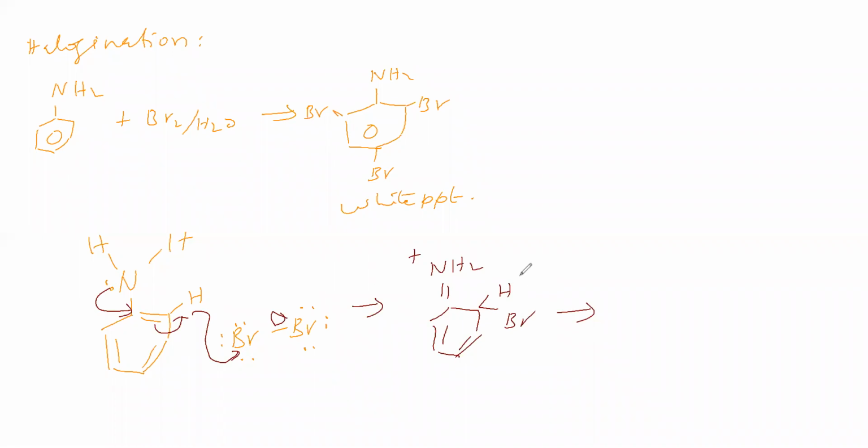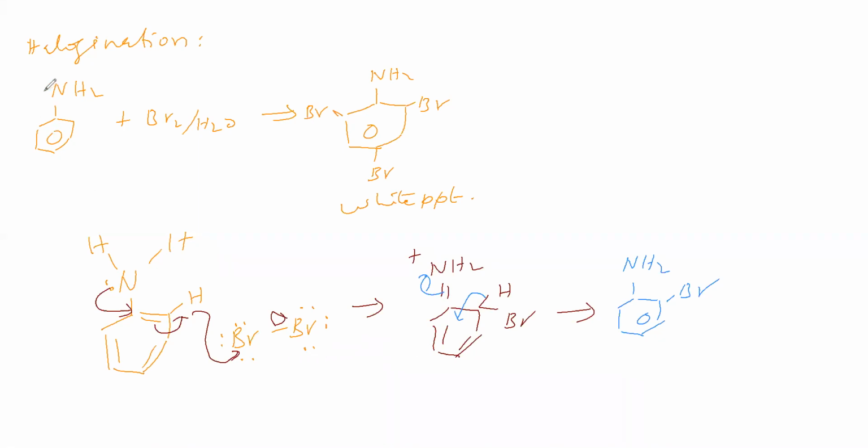Correct? So what is the next step? Now this bond is migrating here, so we will get NH2 with Br, like this. In the place of H, Br comes, therefore substitution. Nitrogen contributes a lone pair, so bromine attacks as an electrophile, therefore it is called an electrophilic substitution reaction.